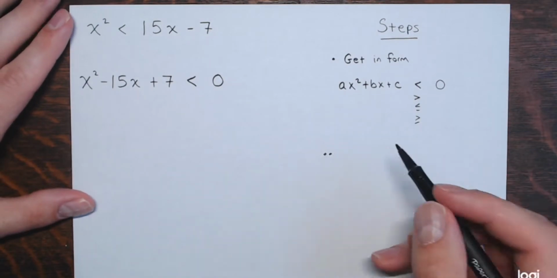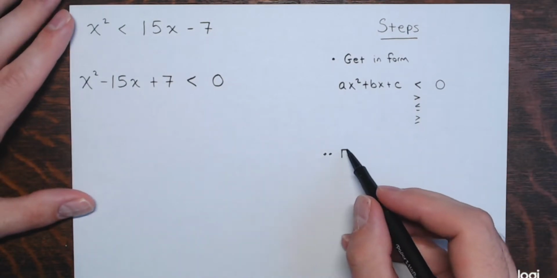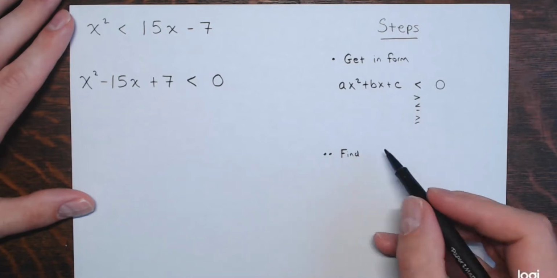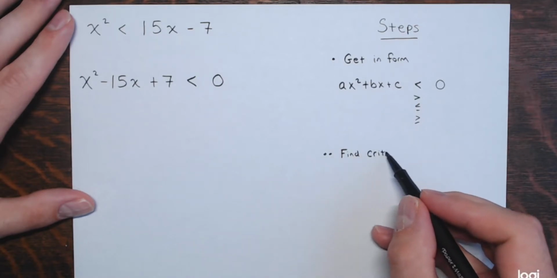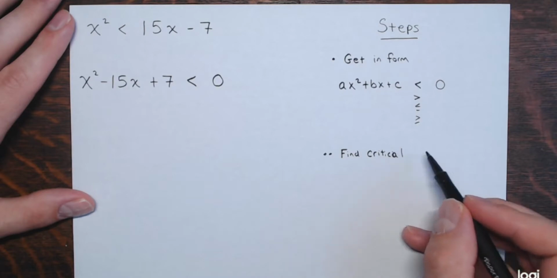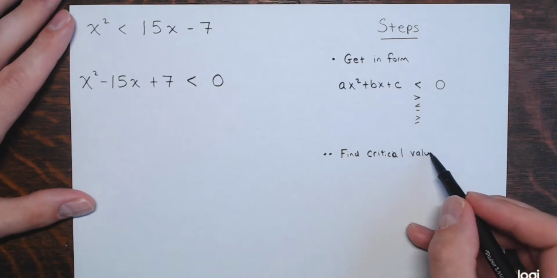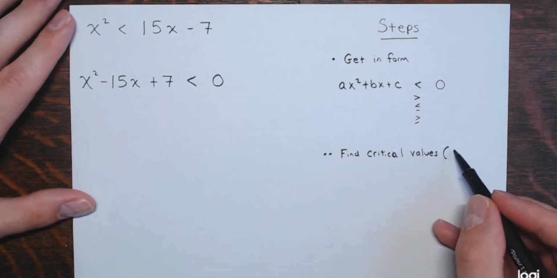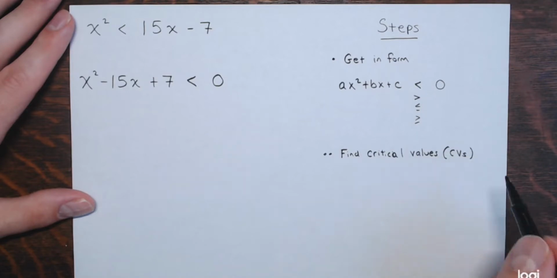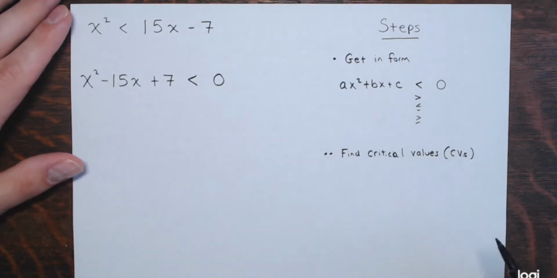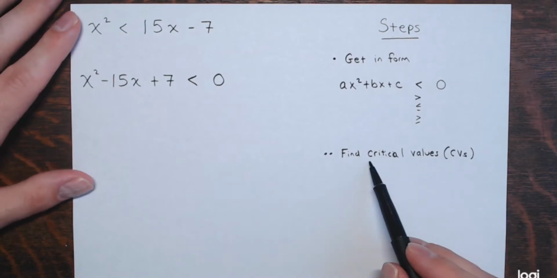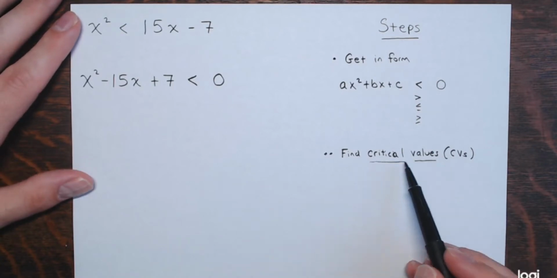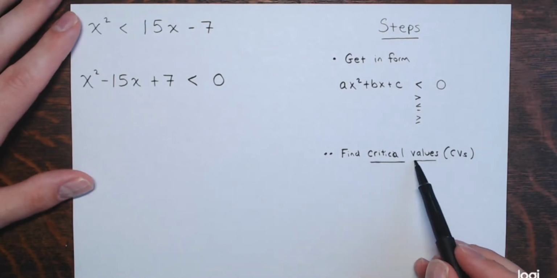Then I'm going to find the critical values. Now if you recall, this is very similar, and I'll abbreviate these CVs in future problems. These critical values, this is very similar to when we were solving rational inequalities, right?